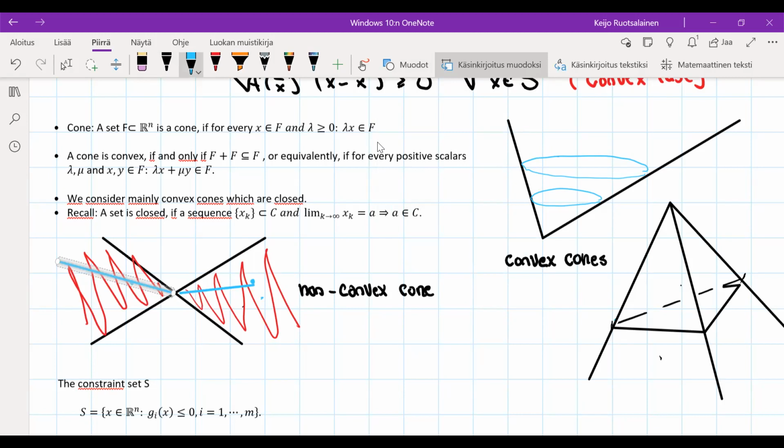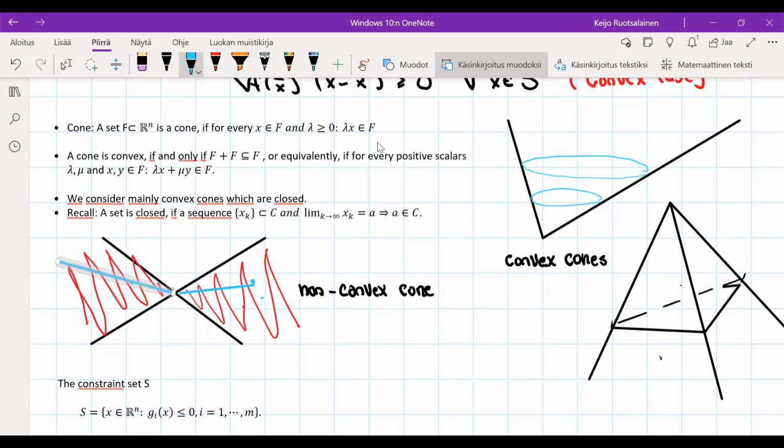Then the cone is convex if and only if the condition is valid. And the condition is that if I take any 2 points in the cone and take a vector sum of these points, then it is also in the cone.